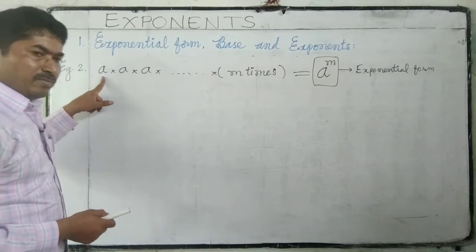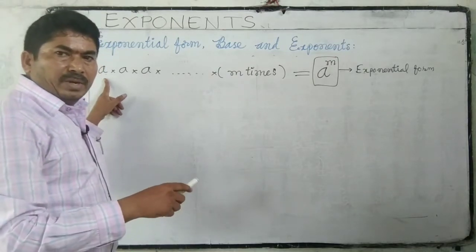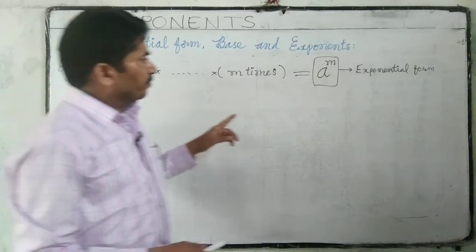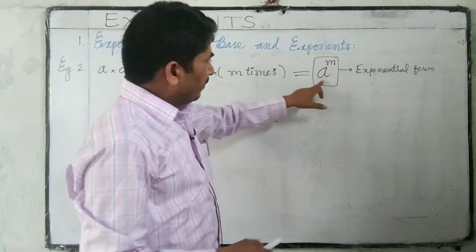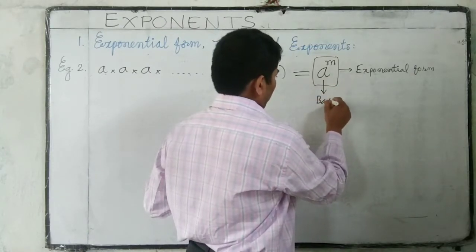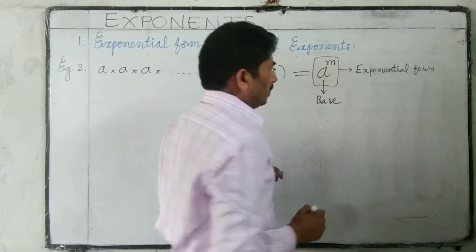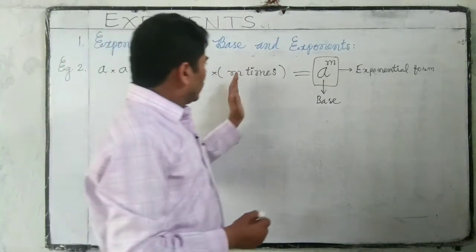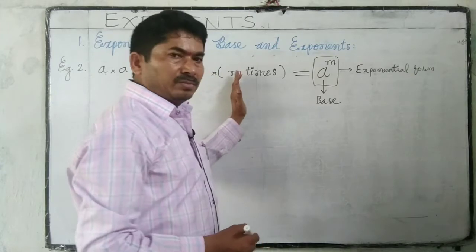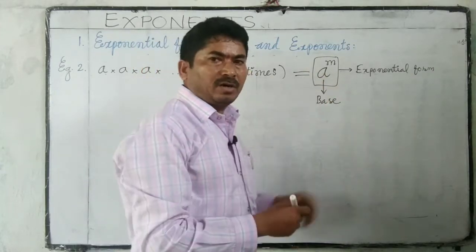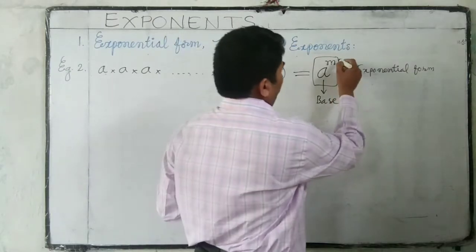The factor which multiplied itself again and again is called base. The number of times, here m times, the number of times the factor appears is called exponent.